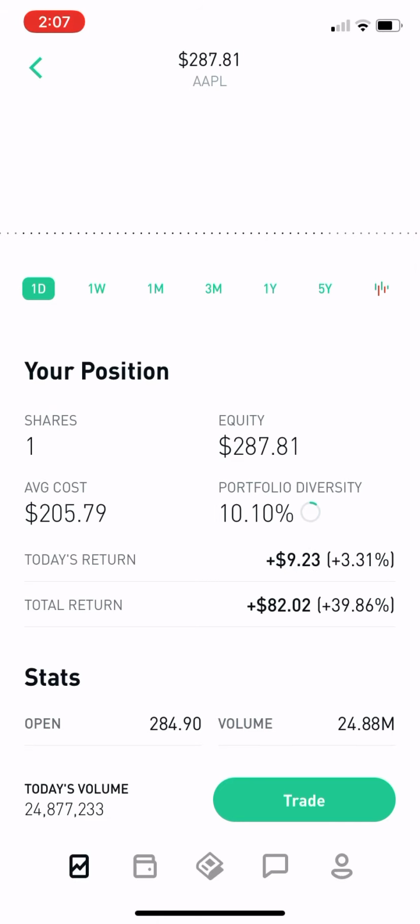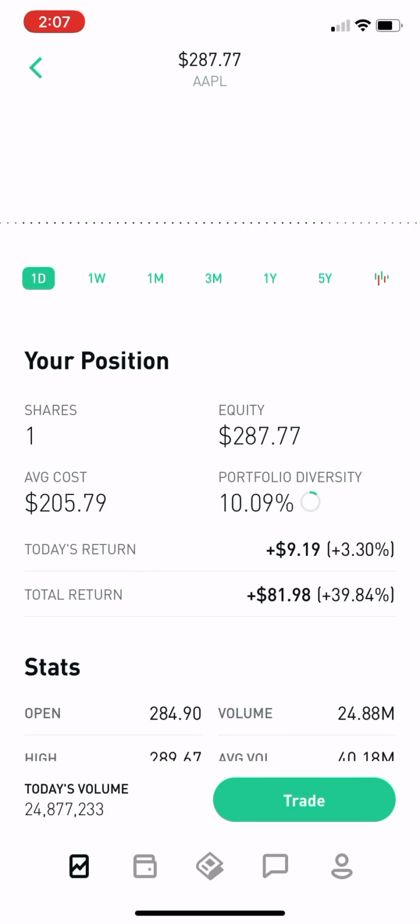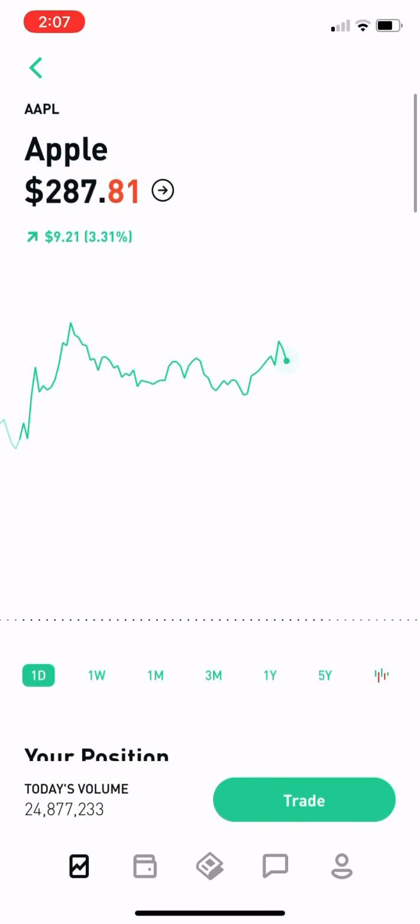You can see how much you paid for the stock, how much the stock is worth right now, and how much of your portfolio is invested into the stock. So you can see all that information right in the middle right here. And with that, you can also see how much you have made today from the stock, as well as your total return on it. So that's basically how Robinhood shows you how many stocks you have and how much you're up or down on them.